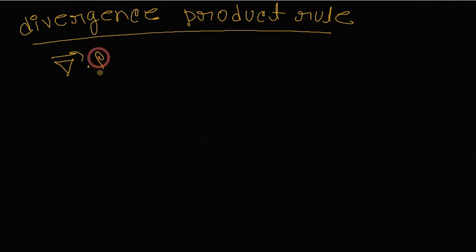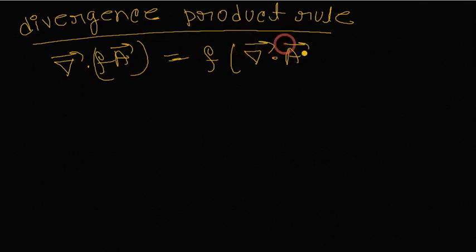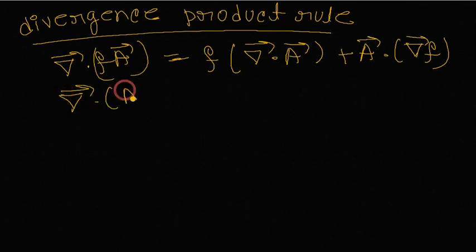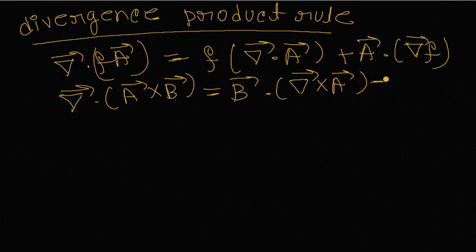The divergence of f A vector is f del dot A plus A dot del f, and the second one is del dot A cross B, which will be B dot del cross A minus A dot del cross B.